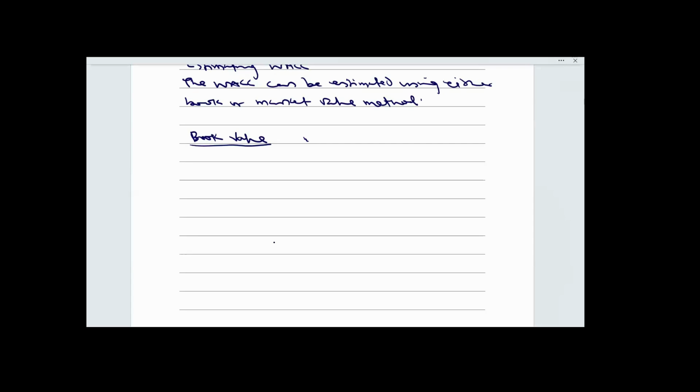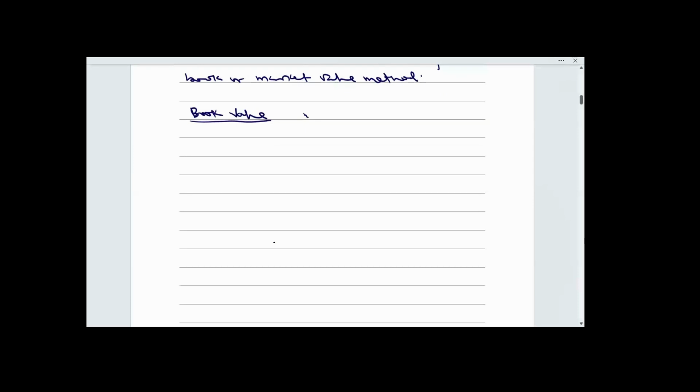Let me put it down for you. This represents the figures stated in the balance sheet or statement of financial position of a firm or of a company.